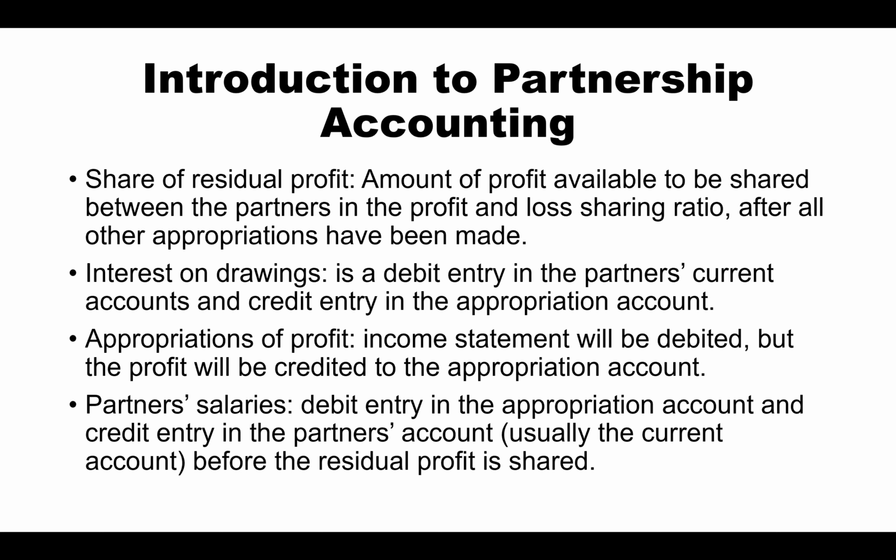Then we also have the partners' salaries. You have a debit entry in the appropriation account and a credit entry in the partner's current account before the residual profit is shared. So that is about the partner's salary.